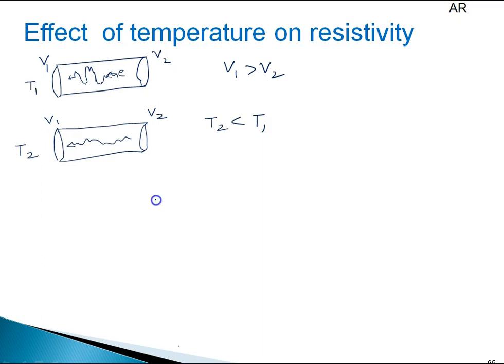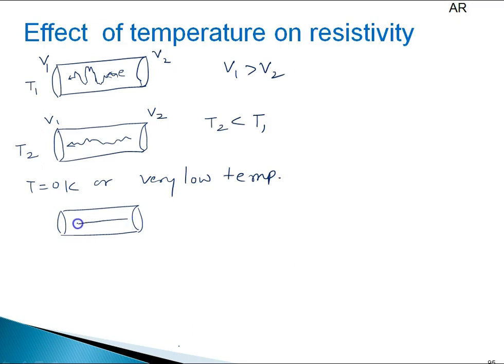Now you assume the temperature goes to 0 Kelvin or very low. At that temperature, what will happen? Electrons will not collide with the neighboring electrons. They will move perfectly in a straight line path, like this.